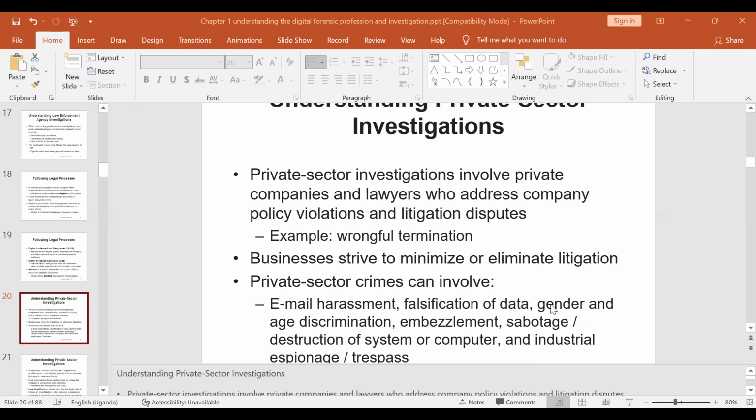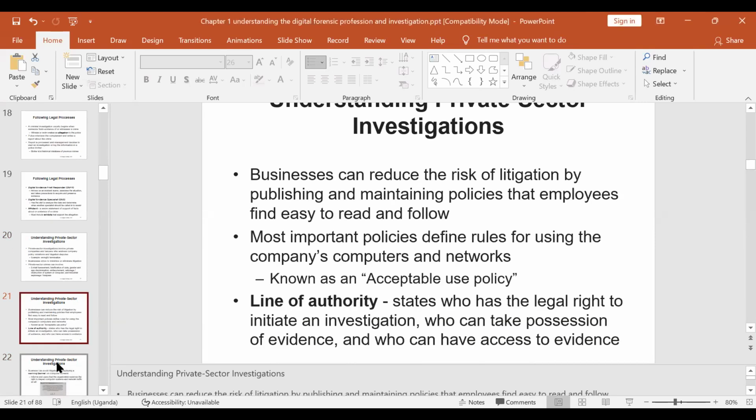Okay, so that's all about our private investigations. And of course, if you're to understand it, we looked at lines of authority. You need to follow the rightful procedure. Our book is attached in the chat room. I'm seeing it's getting on and off.